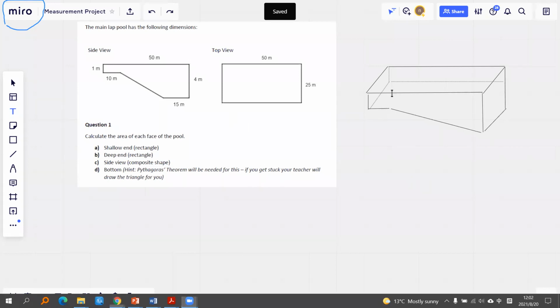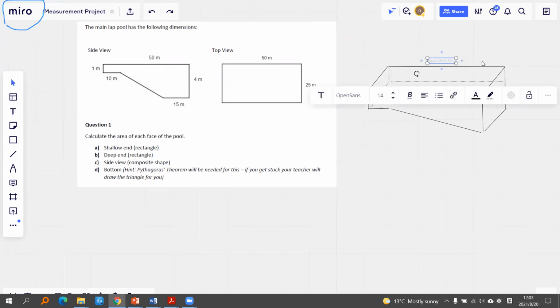For this one, I find it easier to use. We just try to find the dimensions here. From the top view, I put some text here. So what do you reckon is this longest side? What is the side length for this one?